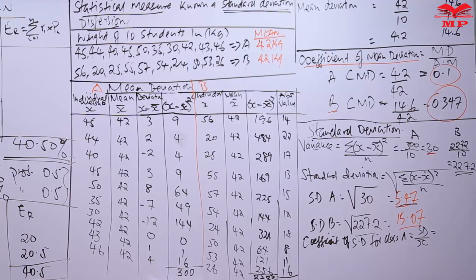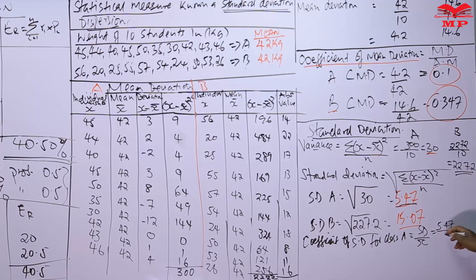The standard deviation here is 5.47 divided by a mean of 12.